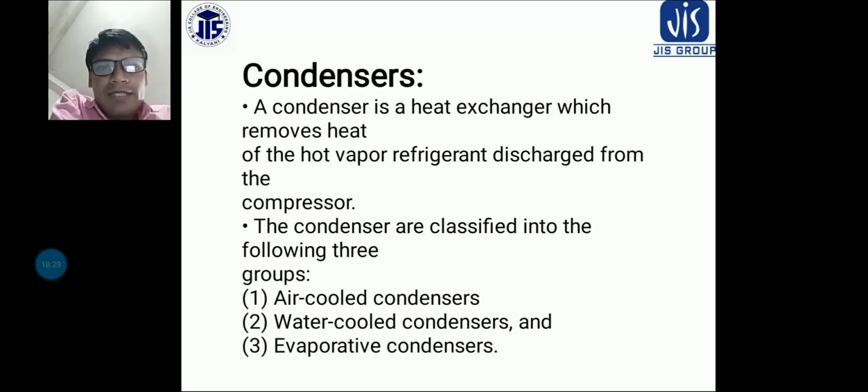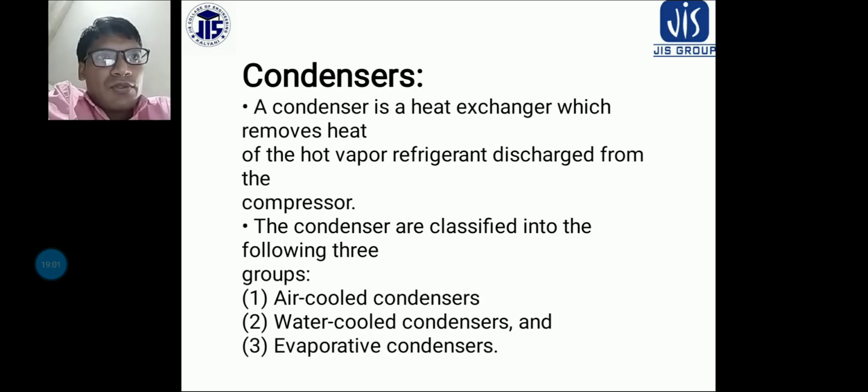Okay, so first of all you need to know the function of the condenser. The condenser is a heat exchanger in which desuperheating of high temperature vapor, change of phase from vapor to liquid, and subcooling of condensate occur. However, in some cases, condensation may not be accompanied by desuperheating of vapor or subcooling of condensate.